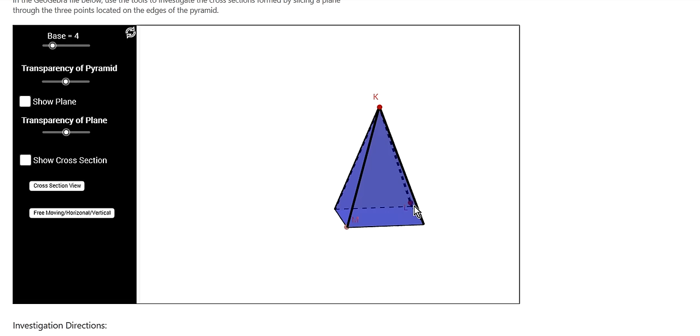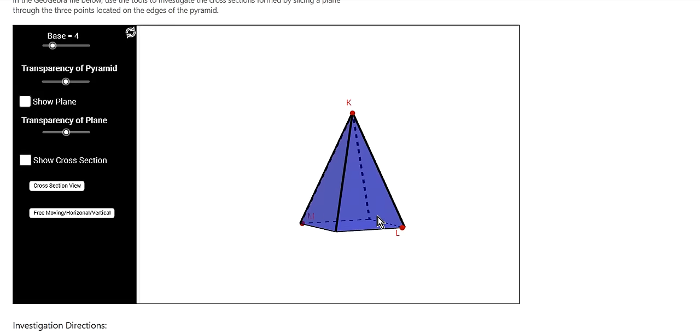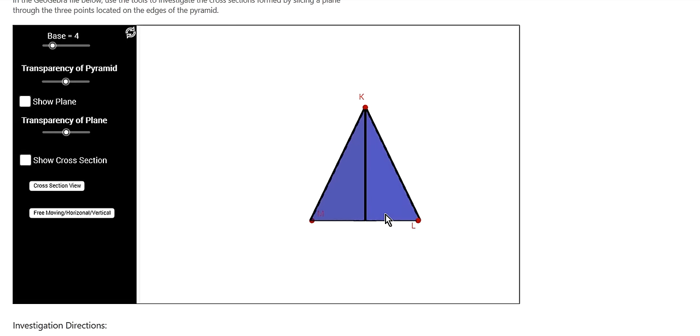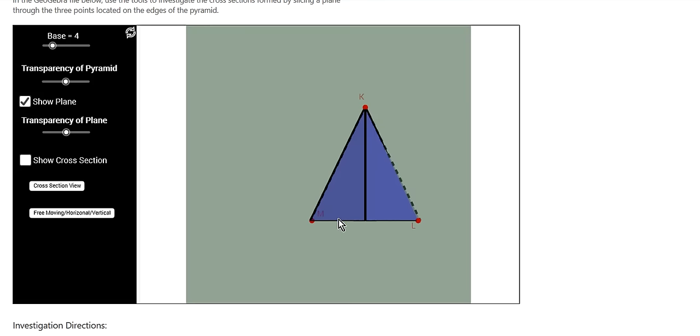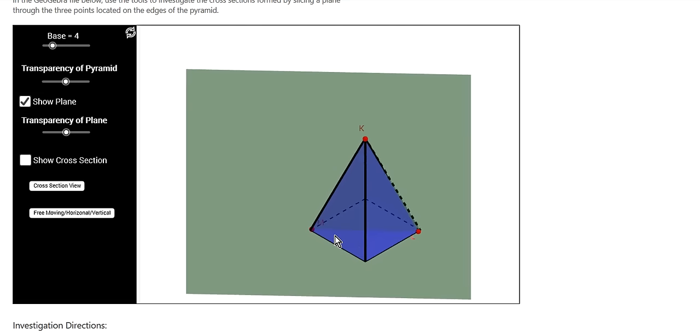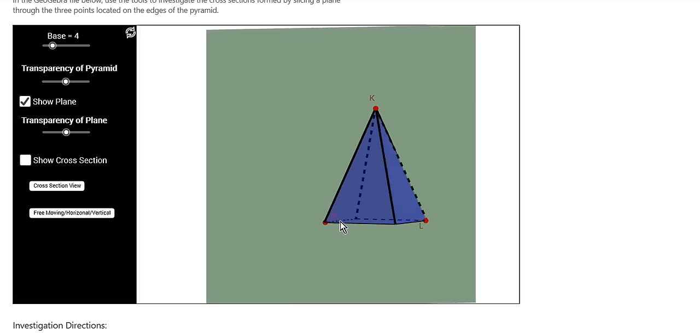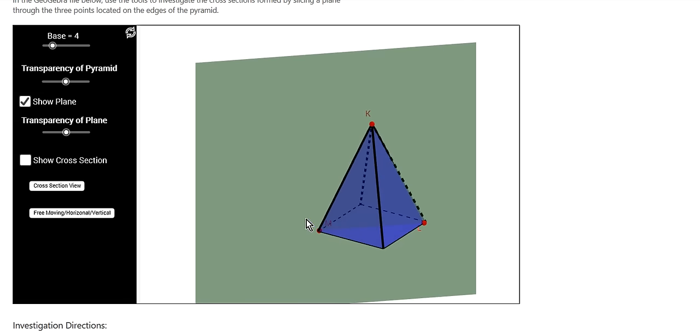And I'm going to draw the cross section in such a way that it intersects these 3 points. And I know for a certainty, 100% sure, that it's going to be the altitude. You see how it lines up? Okay, so bam, there goes the plane. Now the intersection of this triangle and the plane, basically the cross section is what? What shape is that?